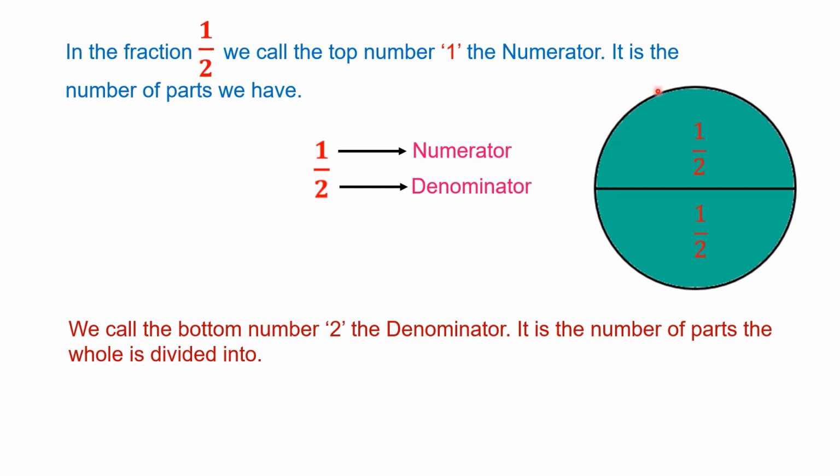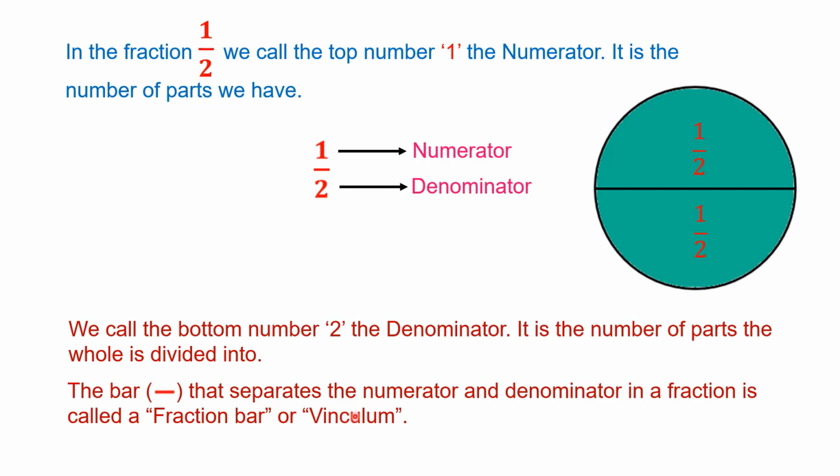Here, this whole, this circle, is divided into two equal parts. So, 2 is the denominator. Here 1 by 2, the fraction: 1 shows one of two equal parts. 1 is called the numerator and 2 is called the denominator.